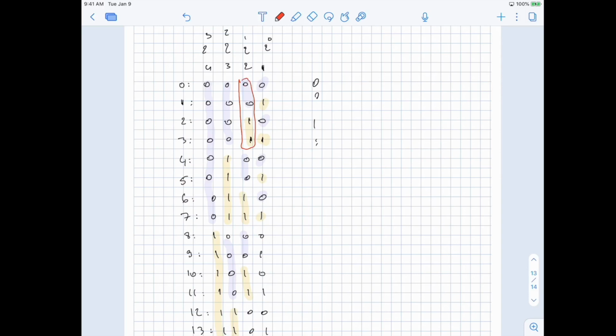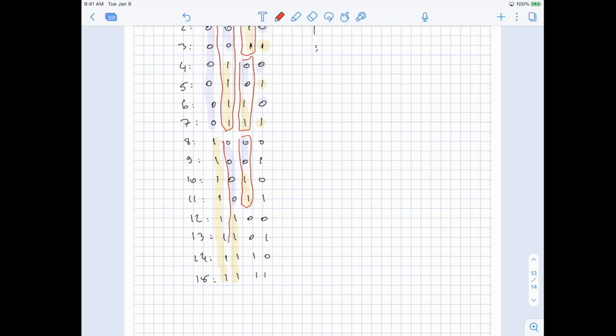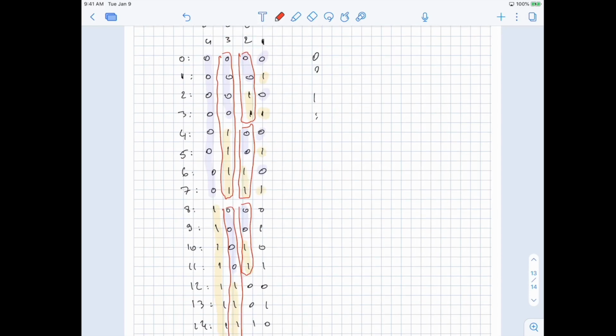So 2 zeros, 2 ones, and then we have the same group afterwards. 2 zeros, 2 ones, and then 2 zeros, 2 ones. And the same pattern applies here. We have 4 zeros, 4 ones. And then after that, we have another 4 zeros, 4 ones. Okay? So we have groups that have the same number of zeros and the same number of ones. Same thing here. We have it of size 2.